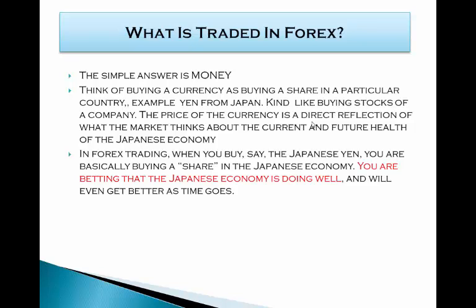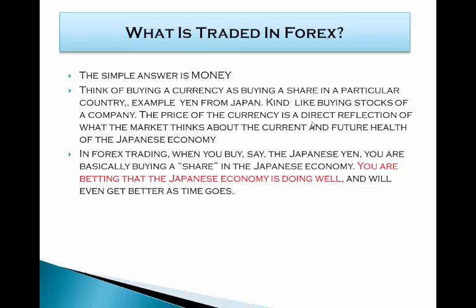Now, trading forex is just like buying a share in a particular country. For example, when we buy a stock from ABC company, right? That means we think that ABC company is good, and therefore we want to buy their stock and share. And when we buy their stock and share, basically we are one of the small shareholders in ABC company. Okay, so in the currency market, it's exactly the same. When we decide to buy, for example, yen. Yen is from Japan, right?